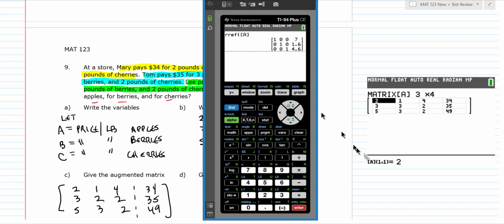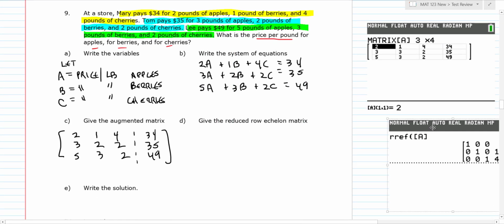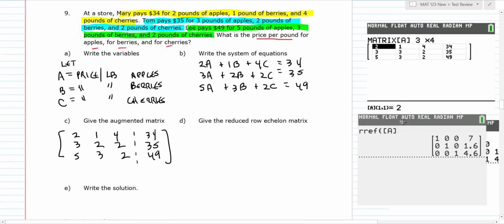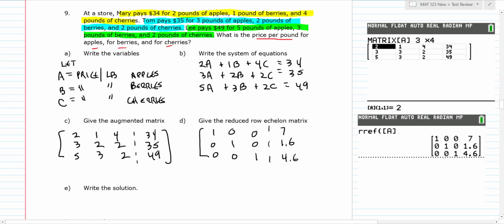That's real easy to tell you're right. So basically, this is your reduced row echelon form: 1, 0, 0, 0, 1, 0, 0, 0, 1. That's what we expect. 7, 1.6, 4.6.